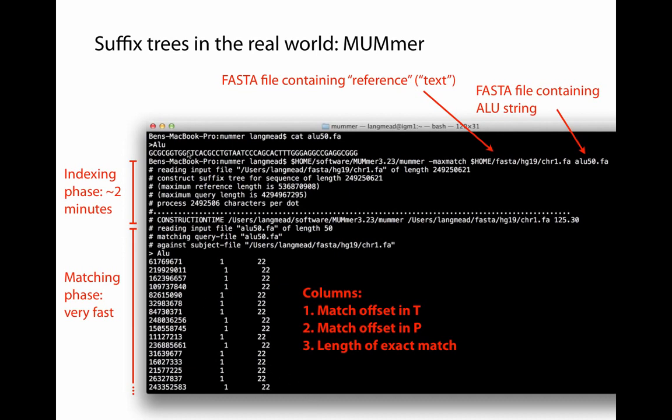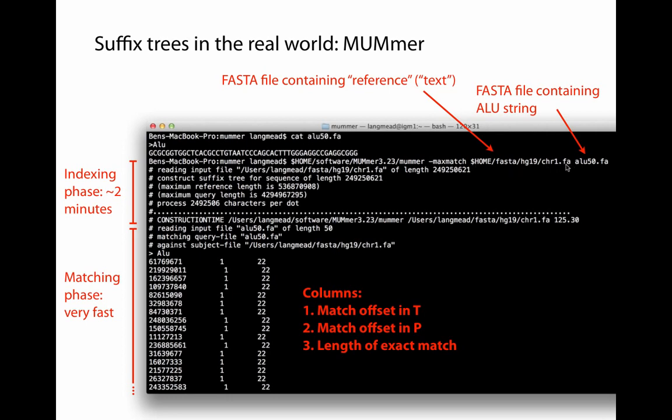So I want to show you a couple practical results of what it's like to use a tool based on a suffix tree. I'm going to show you what it's like to run the tool MUMmer. Here I am running MUMmer on the command line. I'm giving it a reference genome here.